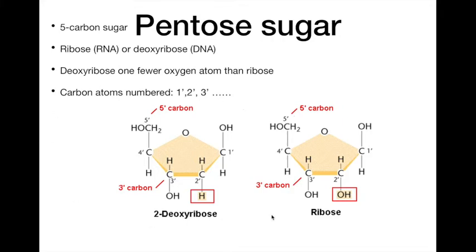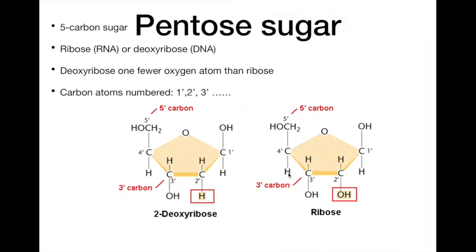You can see that here. This carbon atom has two hydrogens attached to it on the deoxyribose, but on the ribose, it has one hydrogen and one hydroxyl group. That means ribose has one more oxygen atom than deoxyribose. This is the second difference.